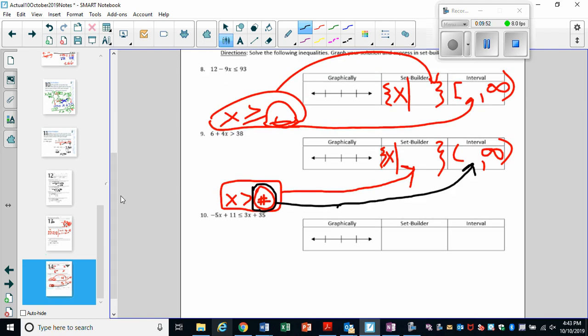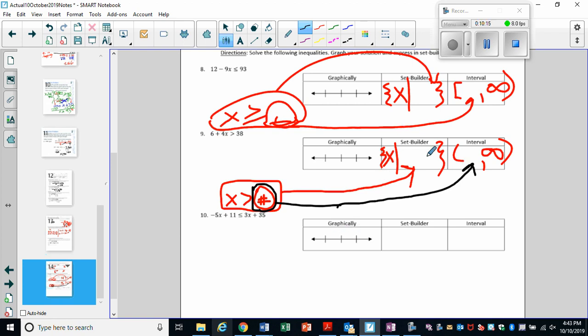And 10 is just like number 9 and 8. But be careful, as you may have to switch your inequality depending on which way you do it. So just beware. Again, same thing. Graph, open or closed circle.